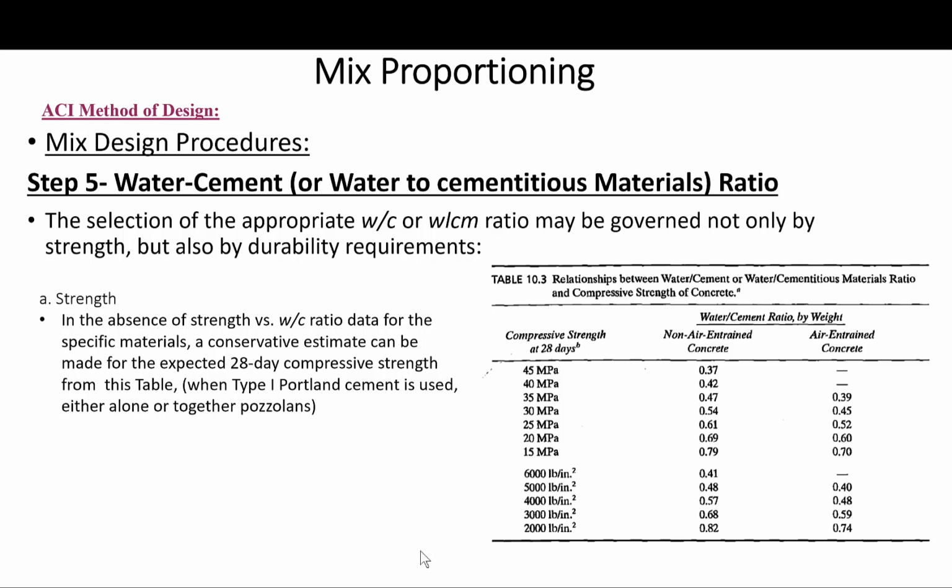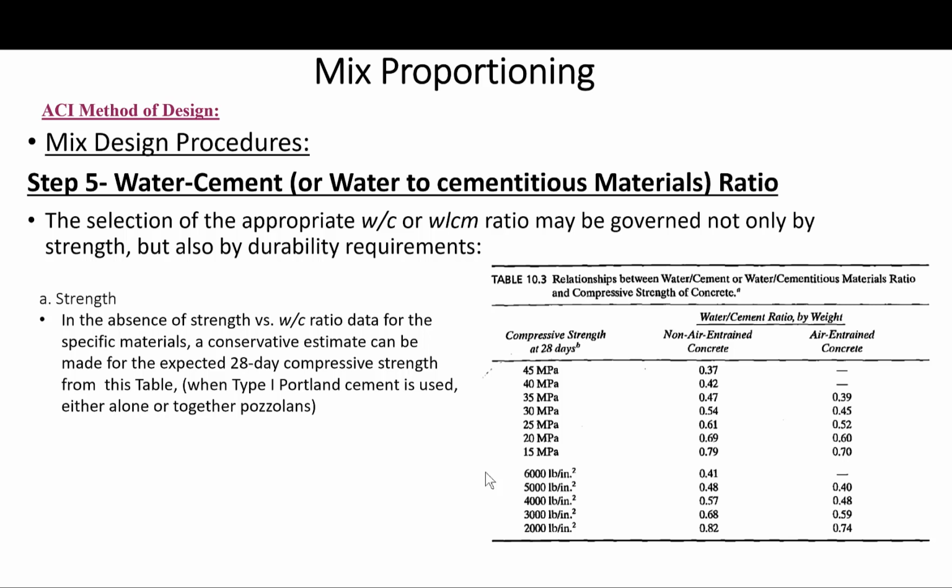If we are considering strength, in the absence of strength versus water cement ratio data for the specific materials, a conservative estimate can be made for the expected 28-day compressive strength from this table right here, unless you have your own data of water cement ratio versus strength.